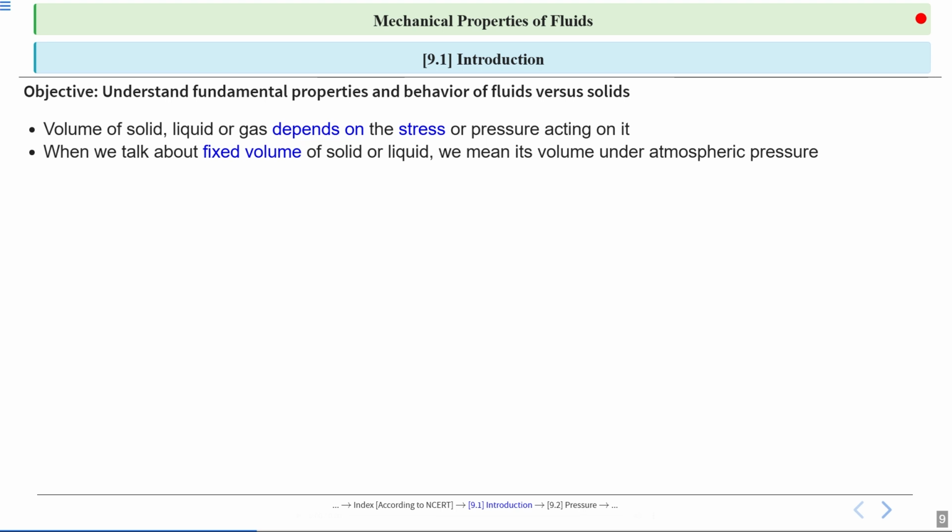When we refer to the fixed volume of a solid or liquid, we are talking about its volume under atmospheric pressure. Keep in mind that this fixed volume can still change under different pressures. It means if we apply pressure, the volume will change.